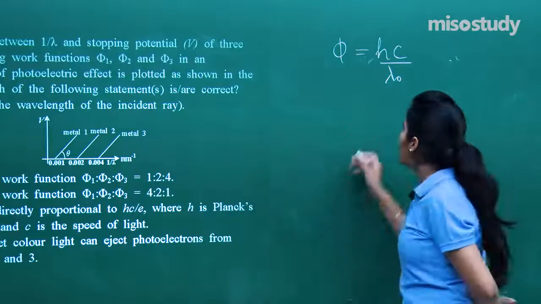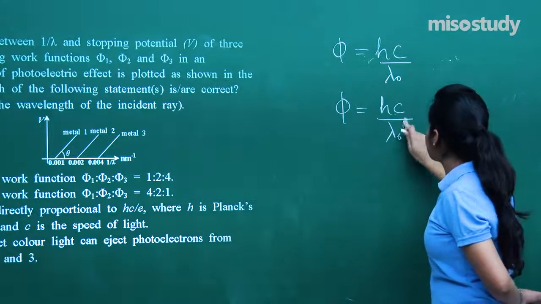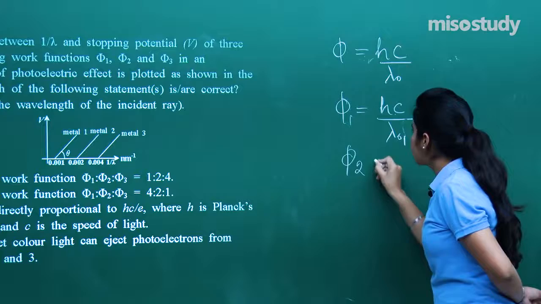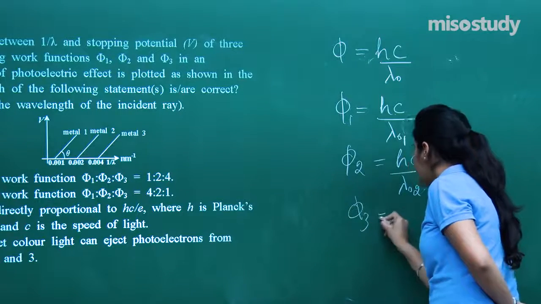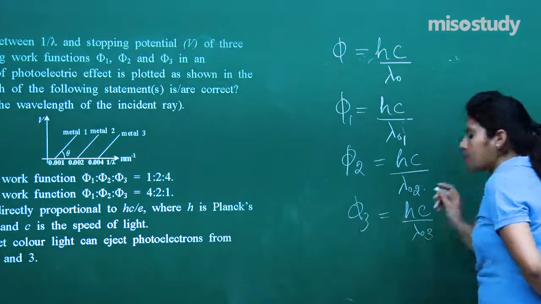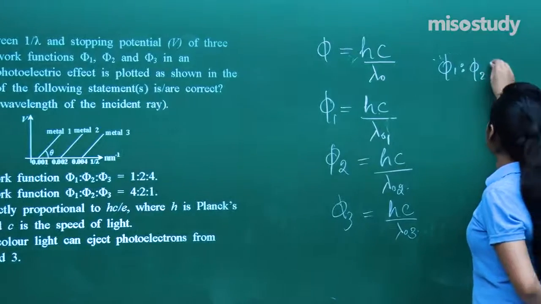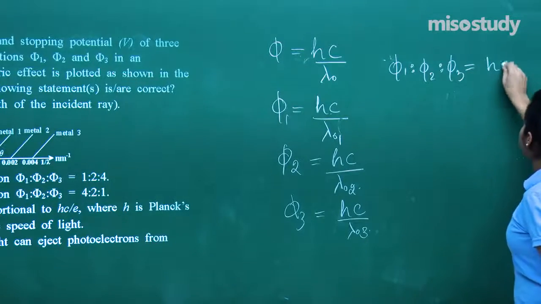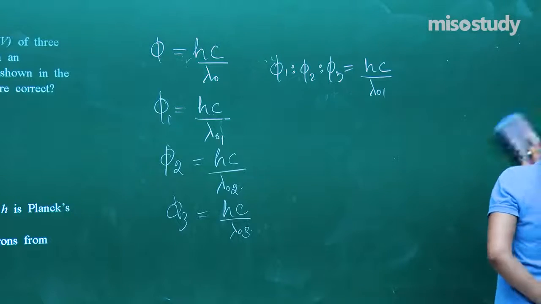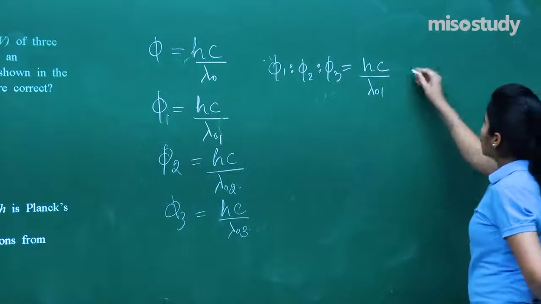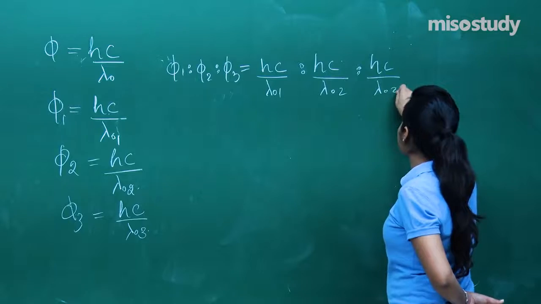So if I write phi 1 as HC by lambda naught 1, phi 2 as HC by lambda naught 2, and phi 3 as HC by lambda naught 3, then phi 1, phi 2, phi 3 will be equal to HC by lambda naught 1, HC by lambda naught 2, HC by lambda naught 3.